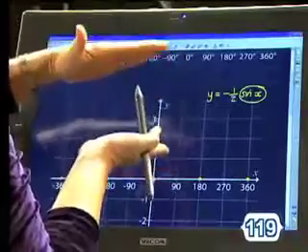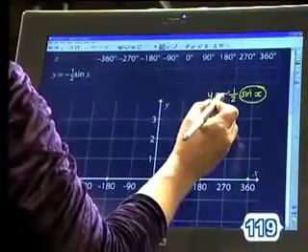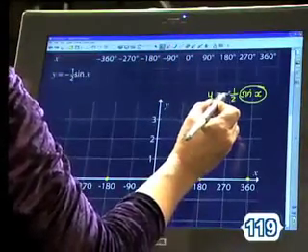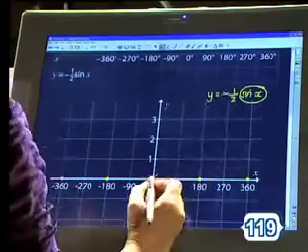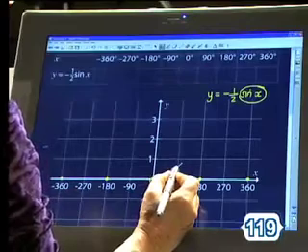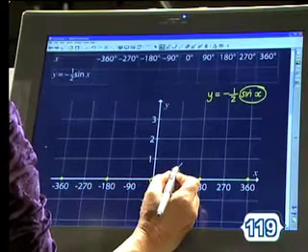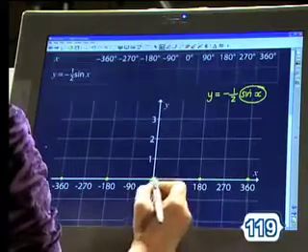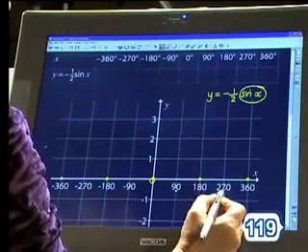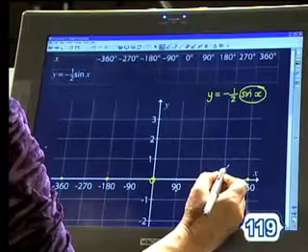Okay, it's got to be flattened a bit. But this minus tells us that the graph actually has to reflect across the x-axis. So instead of coming to a half here, it's actually going to come down to minus a half. And instead of coming to minus a half, it's going to go up to a half.